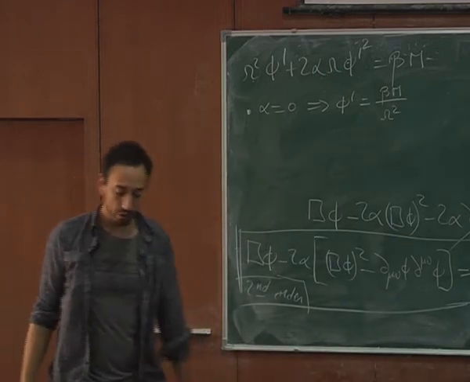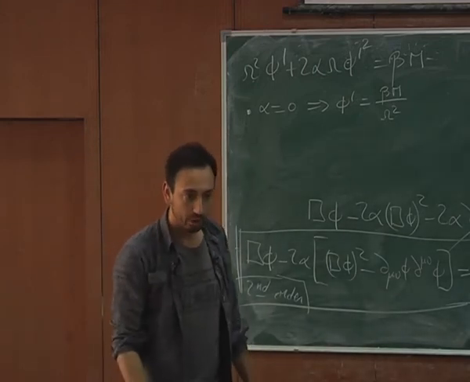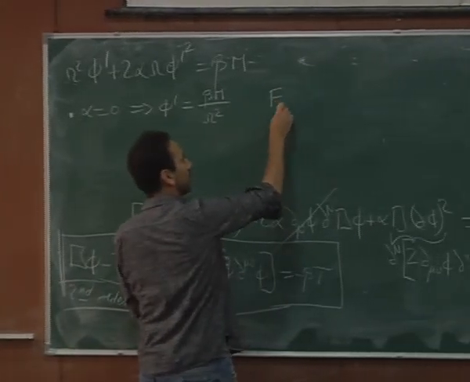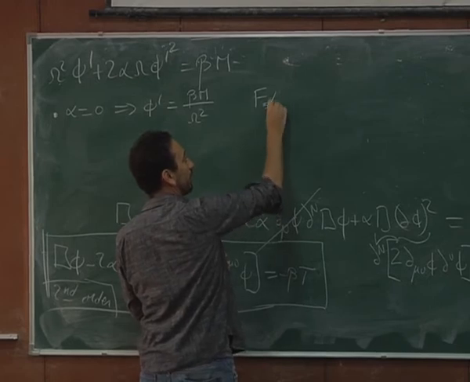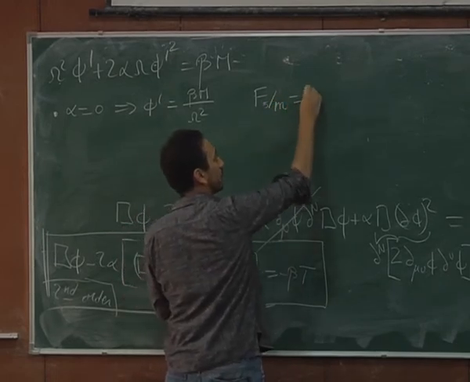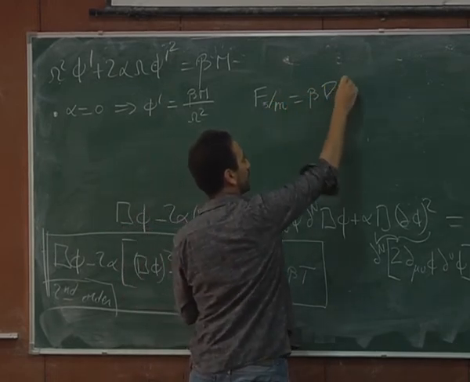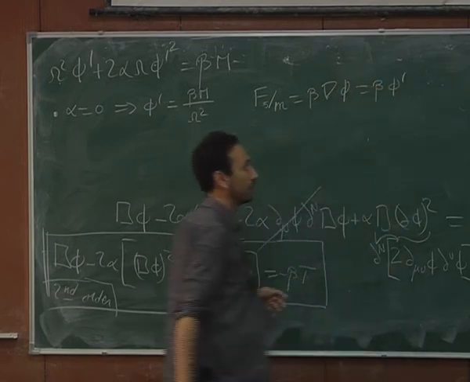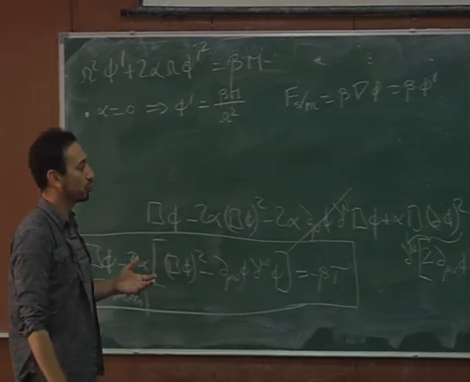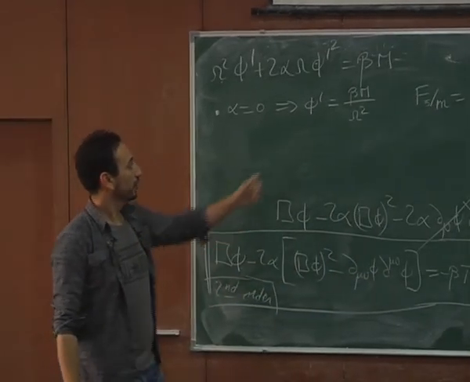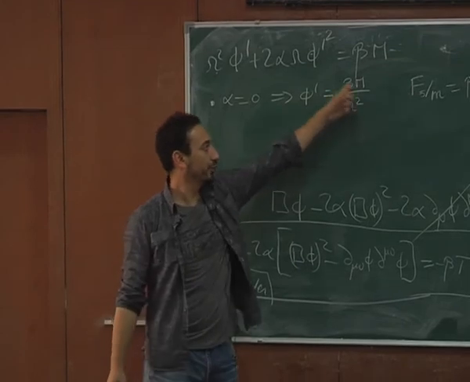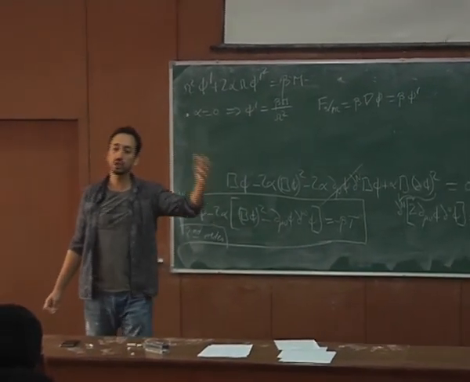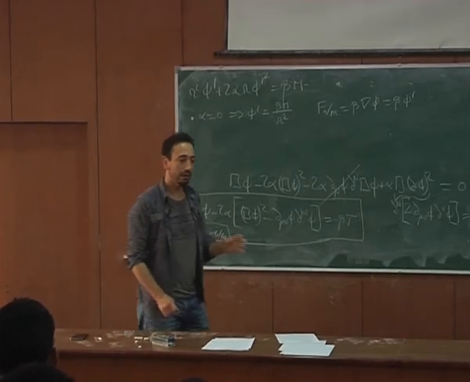But if you remember what we did yesterday, we said that the fifth force divided by the mass is equal to beta times the gradient of the scalar field, which means for us beta phi prime. The force is proportional just to the gradient. So this is the force produced by that scalar field. And that force goes like 1 over r squared, exactly like Newton.